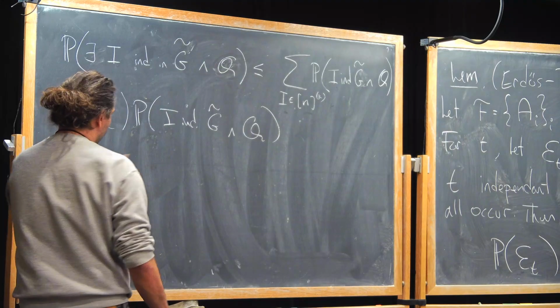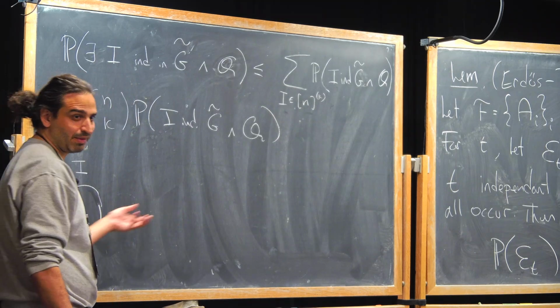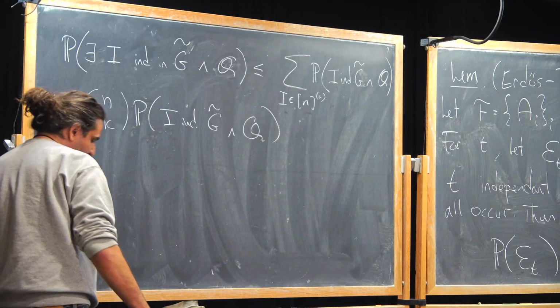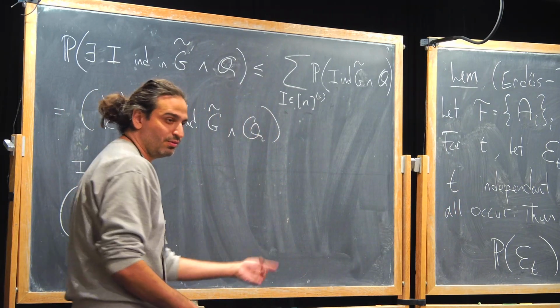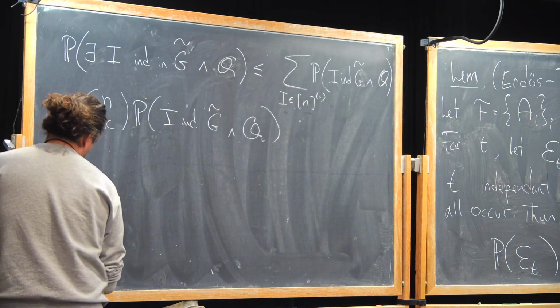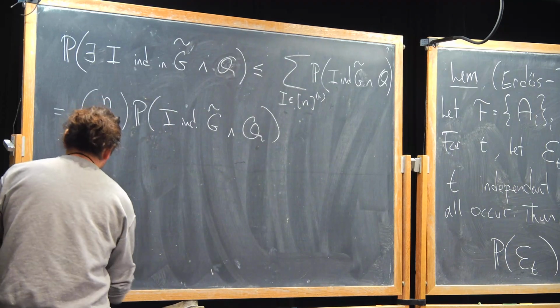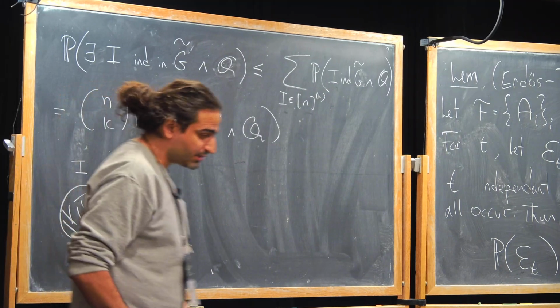Here's my I, a fixed I, and I want to know if it's independent. I want to calculate this probability. Now, I has size at least k, and I know that in G, I'm going to have lots of edges in here, because I've intersected with this Q event. So this has pk squared over blah, blah, blah edges.